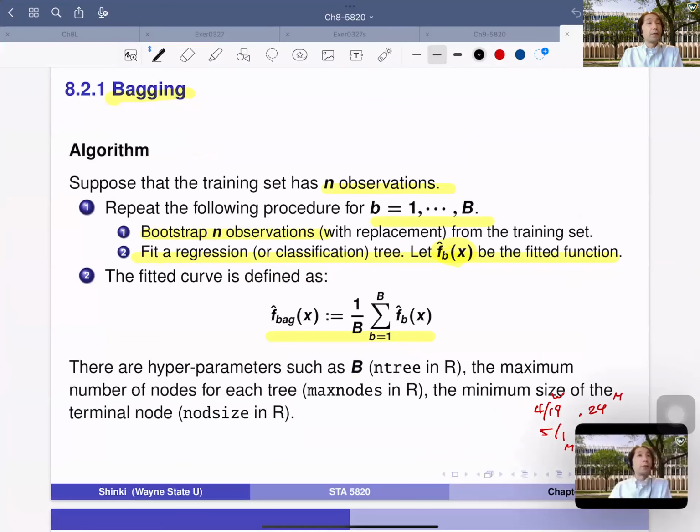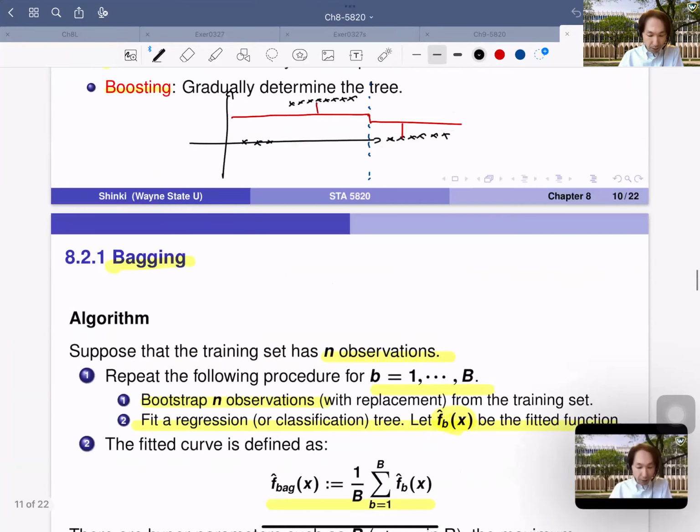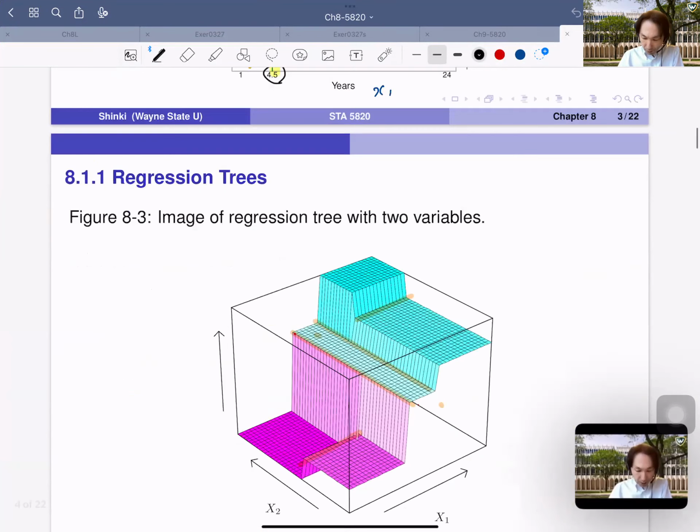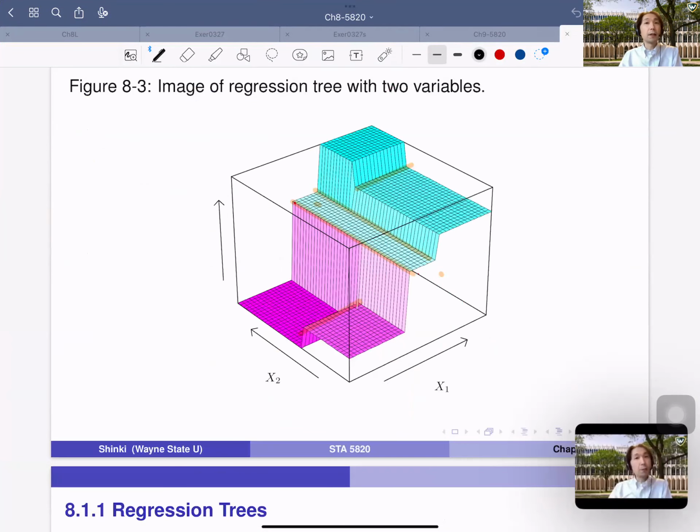Okay, so a quick review for bagging, random forests and boosting. We have studied the regression tree. A regression tree is basically that we separate cases by splitting the predictor space. Each time we use one predictor to separate the predictor space.